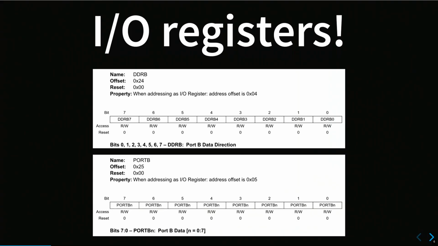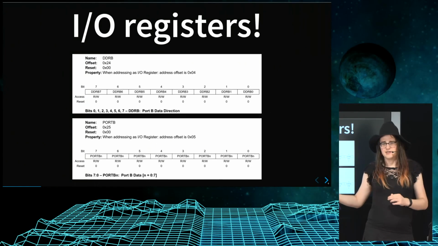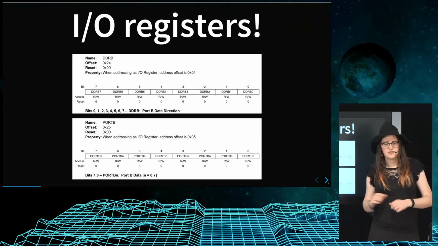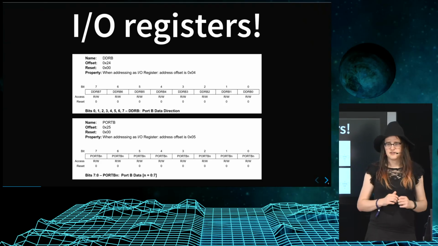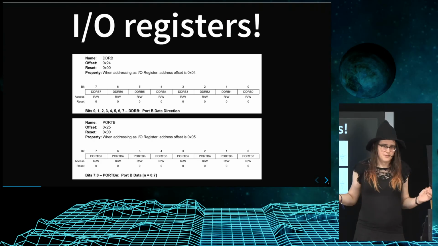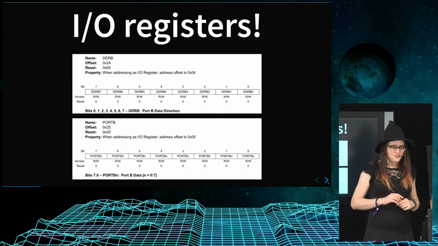Registers in this context means basically a pointer. And normally a pointer points to somewhere in RAM, somewhere in memory, to a variable, so you can change the variable. Except in this case, the pointer points to a piece of hardware. In the end, a pointer is basically just a number. It's a little bit more complicated than that, but basically it's just a number.